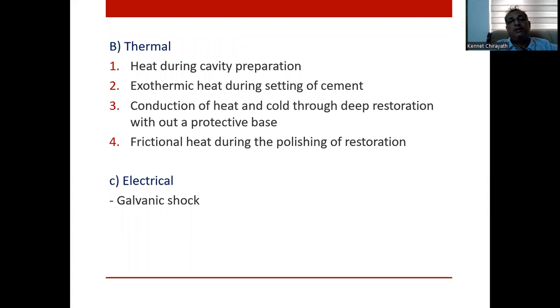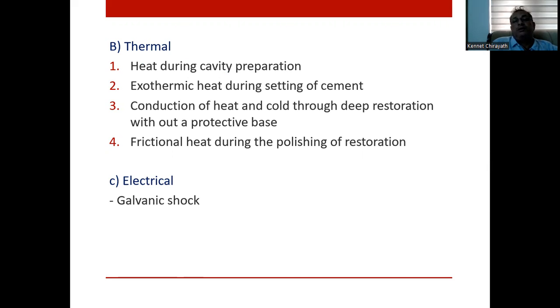Then comes the thermal. Thermal factors cause injury to the pulp. One is heat during cavity preparation, then exothermic heat during the setting of cement, conduction of heat and cold through a deep restoration without a protective base, and frictional heat during polishing of the restoration.